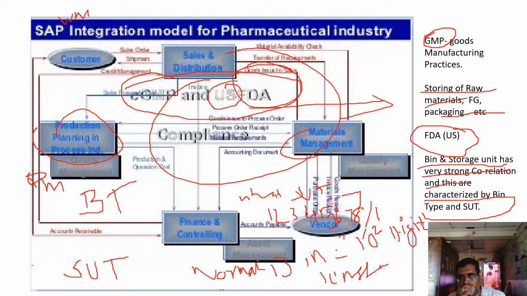So the pharma industry process for WM is much more complicated. It is not as simple as in other industries. There is complex tracking of materials: track and trace of batch numbers, and of material, how much quantity is present in which location and which process.